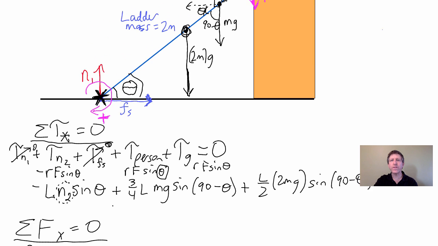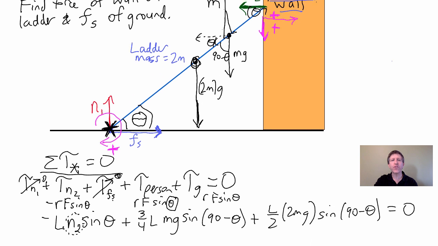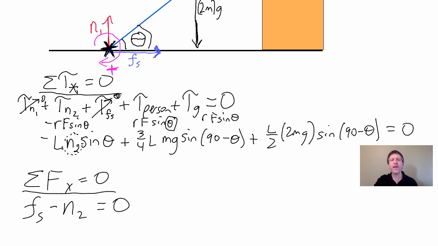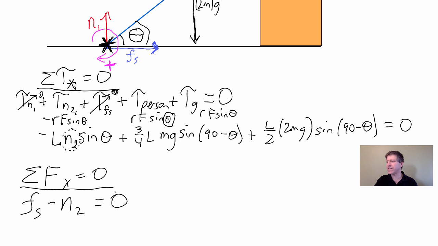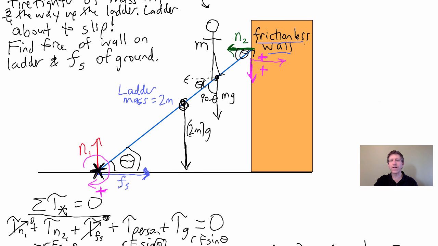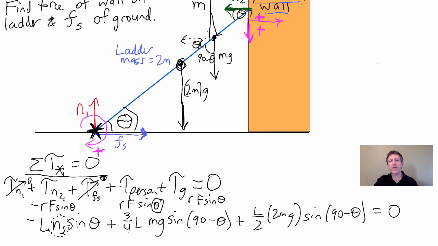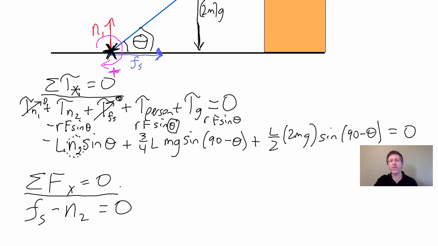So check it out. Once we have found N2, we've got the force of static friction because it's the only other force horizontally. It's just equal to N2 in magnitude. The only force that we don't know now is N1, the normal force due to the ground, which, well, obviously we're going to have to use the net force in the y direction if we want to find that, equals 0.